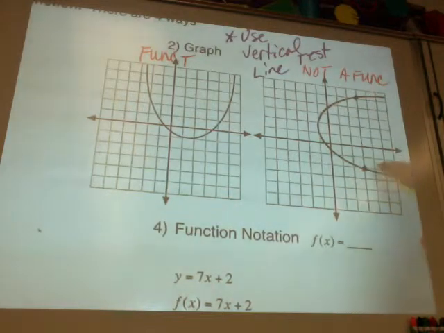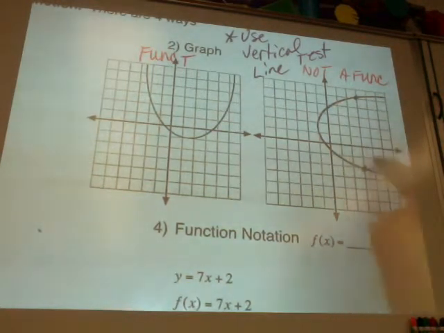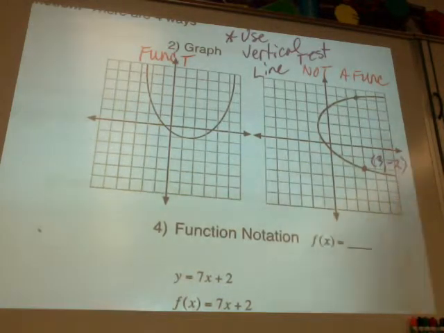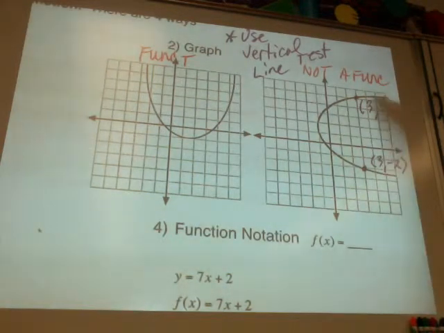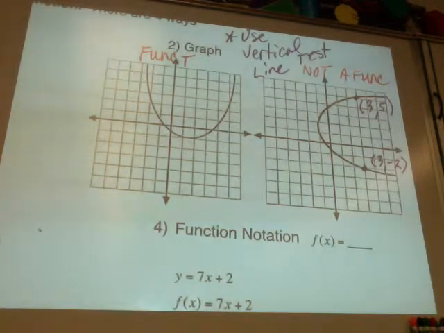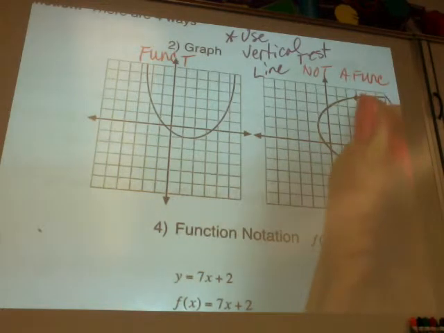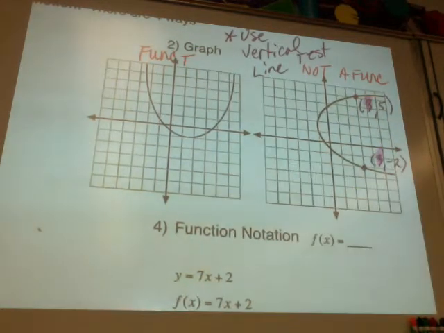What's the ordered pair for this one? 3, -2, right? What's the ordered pair for this one? 3, 5. What do they have in common? Their x value, right?